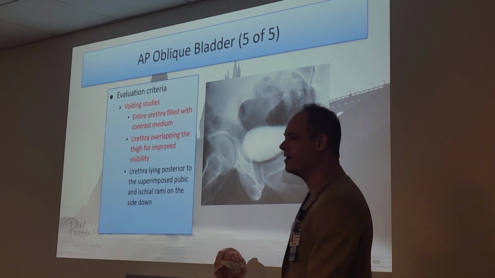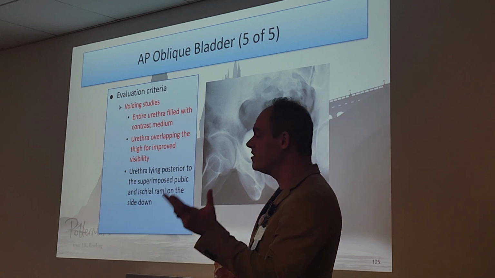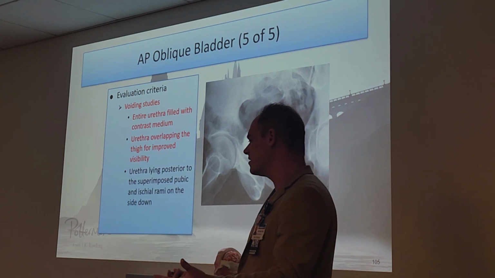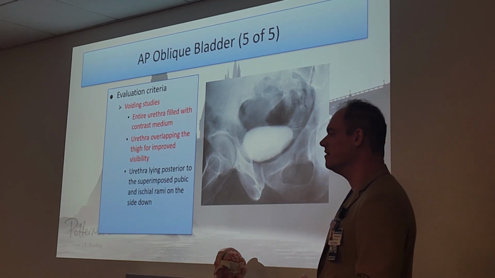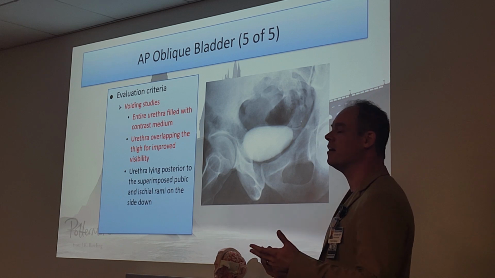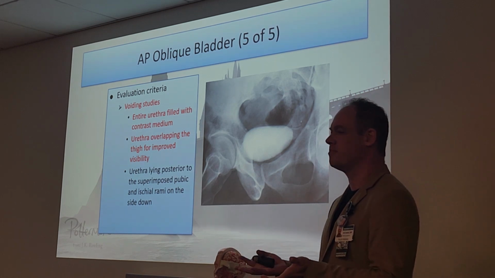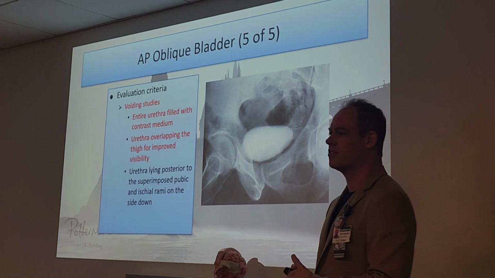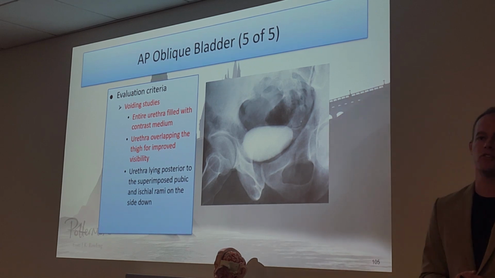But for males, you can position the penis on the thigh to get the entire urethra, because the male urethra is more complex than the female. You want them to basically pee on their thigh. It gives you the best visibility of the urethra.